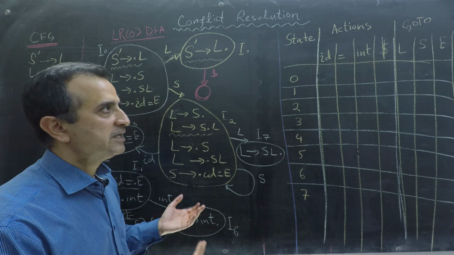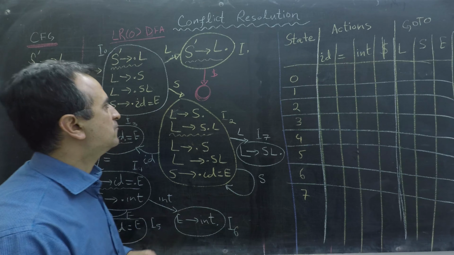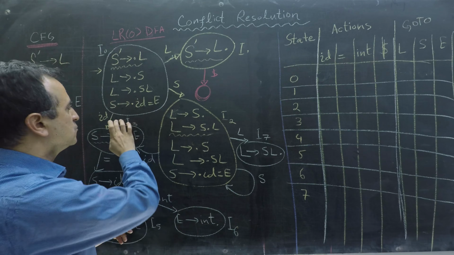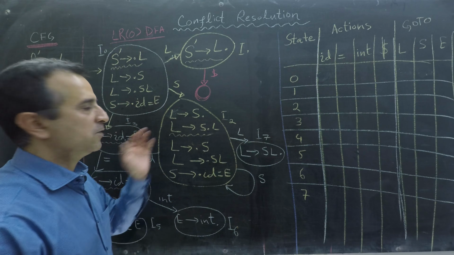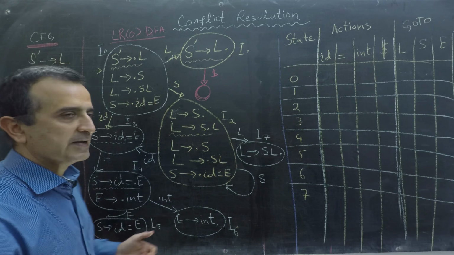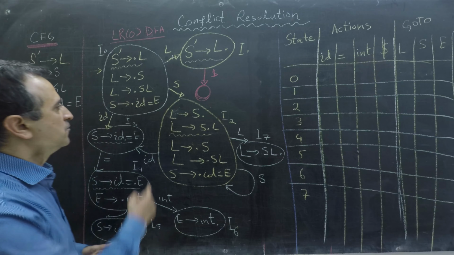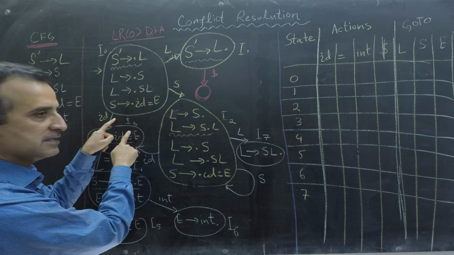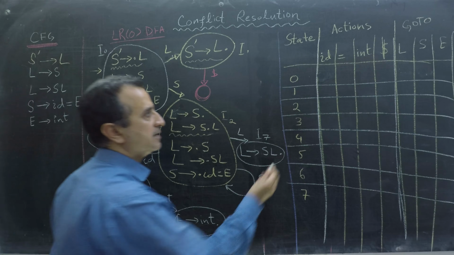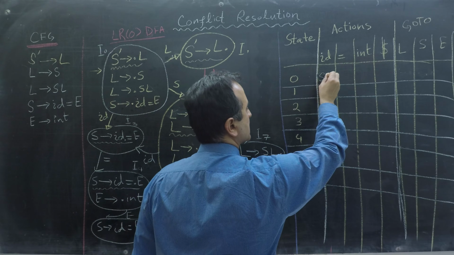To write shift and goto in this table, we only have to look at those links and write numbers based upon those links. For instance, from state 0 on ID, I go to state 3. So I will write here S3.